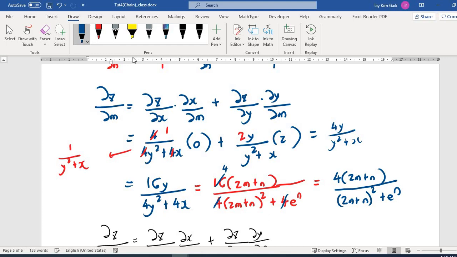This is y, 2m plus n squared. This is 4. X is exponent n. And then you cancel by 4. Divide each term by 4. So this one divide by 4, divide by 4, this one divide by 4. That's why here. You divide by 4, this is 1, this is 1.